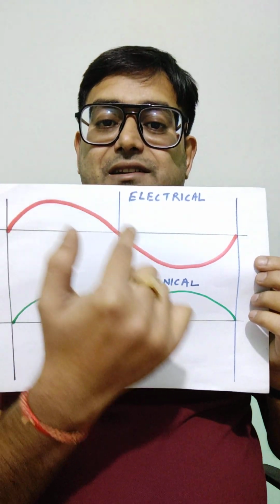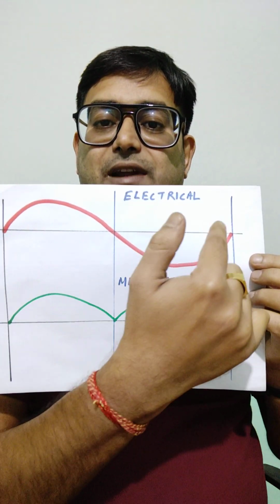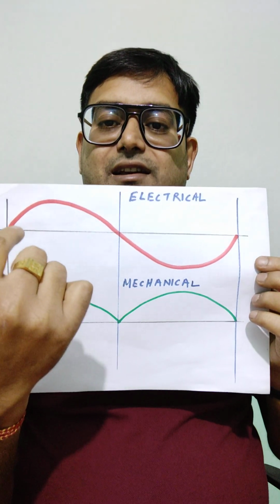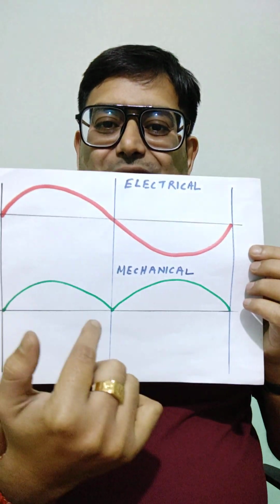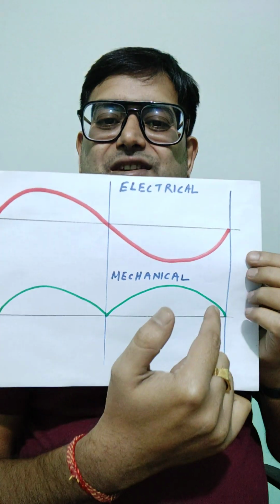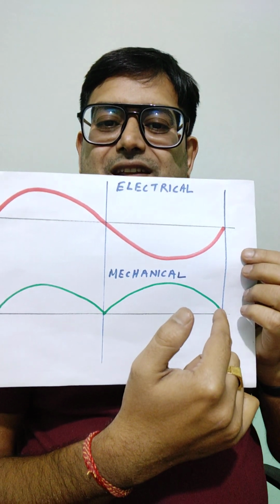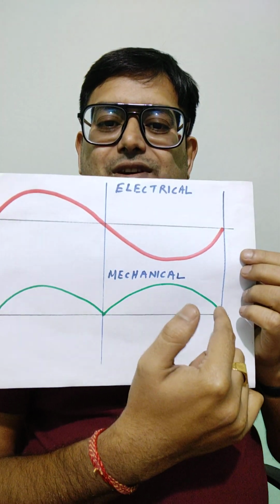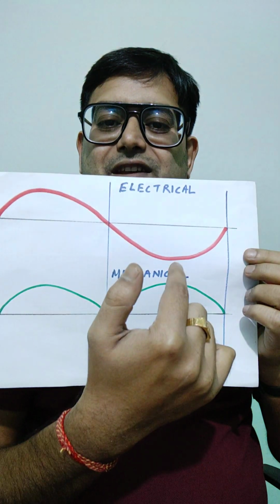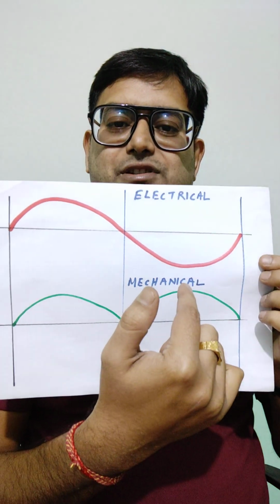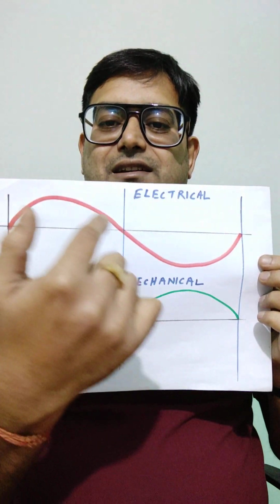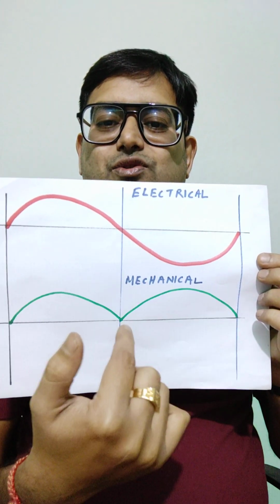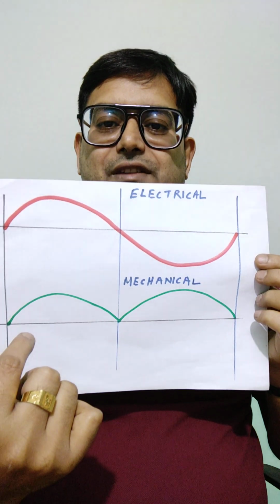So for AC being supplied to the transformer's primary, the current becomes zero twice, so twice it will be relaxed. There is no force when the current is zero, and force becomes maximum whenever the current reaches maximum, whether negative or positive, then becomes zero again. So for one cycle of AC, there are two cycles of mechanical vibration.